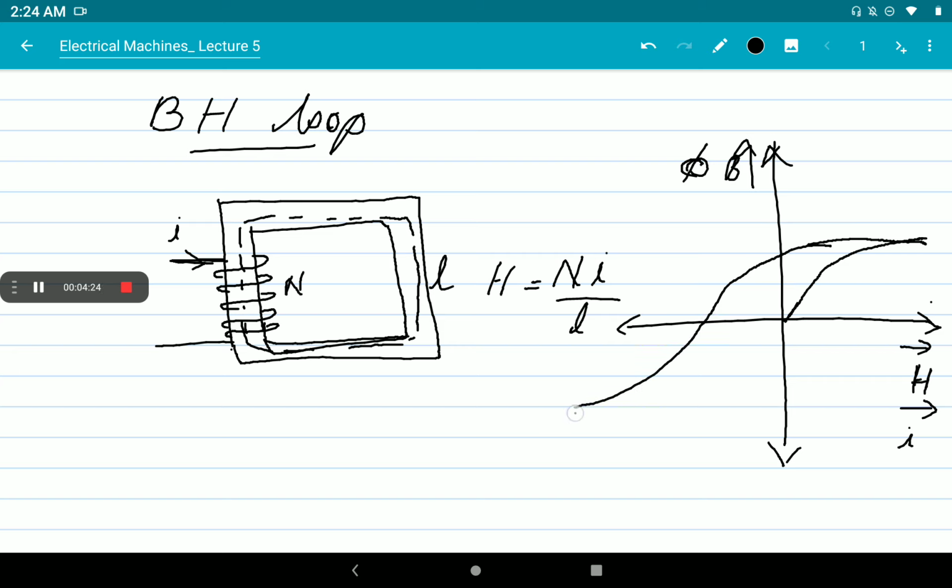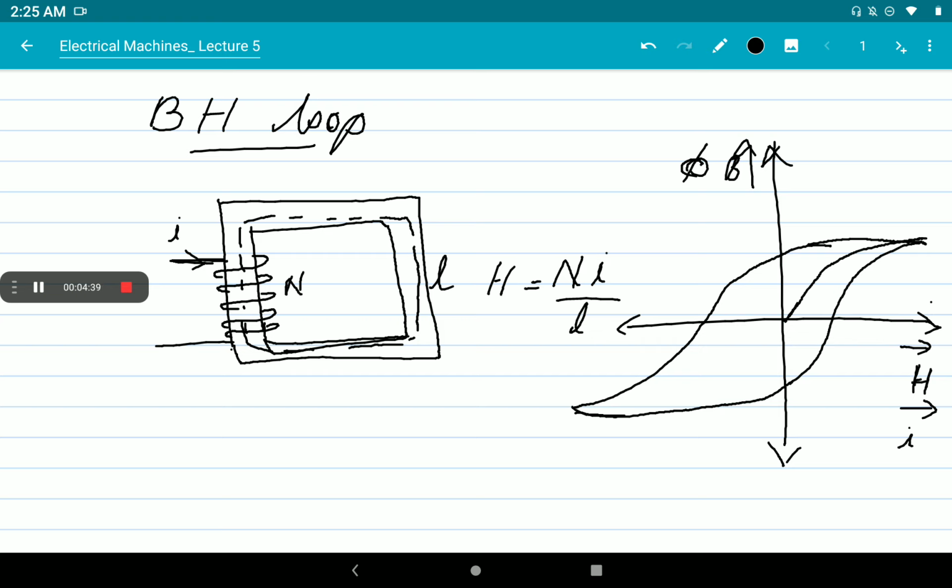So when we pass the ferromagnetic material through a cycle of magnetization, it will pass through this type of characteristics.